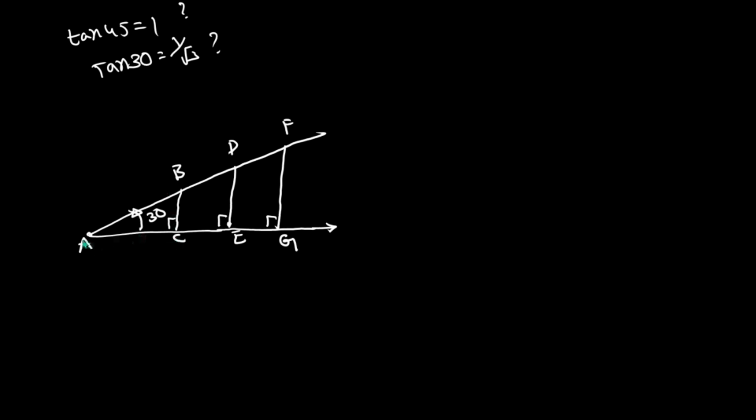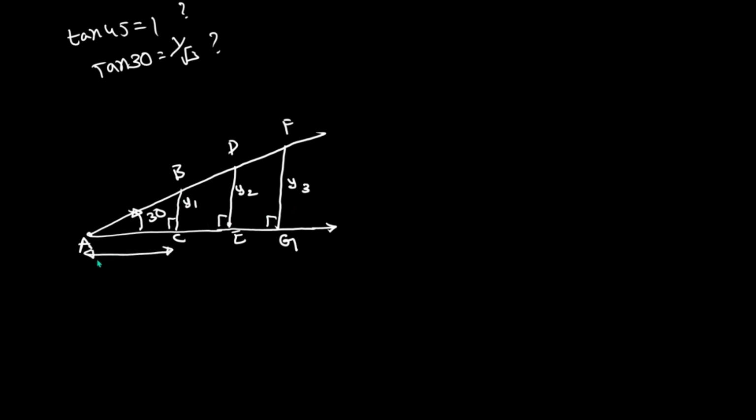ABC is one triangle, ADE is another triangle and AFG is another triangle. Let's take this vertical height as Y1, this as Y2 and this as Y3.